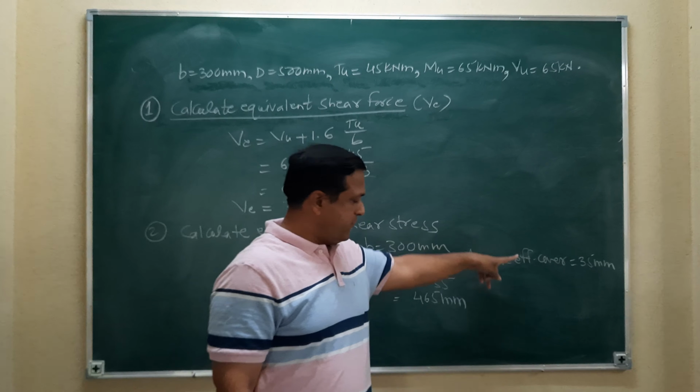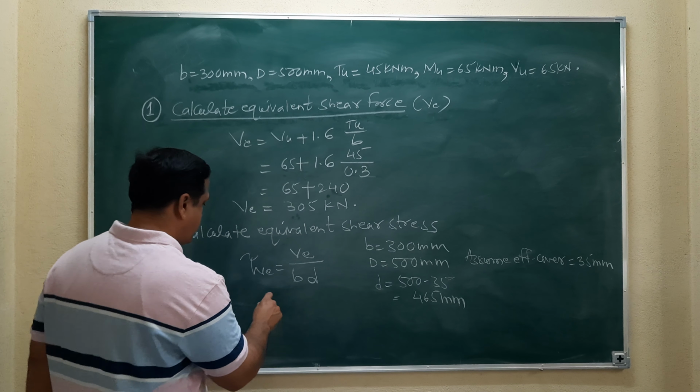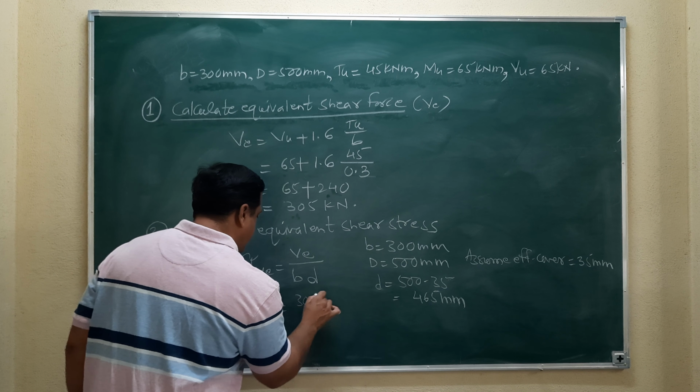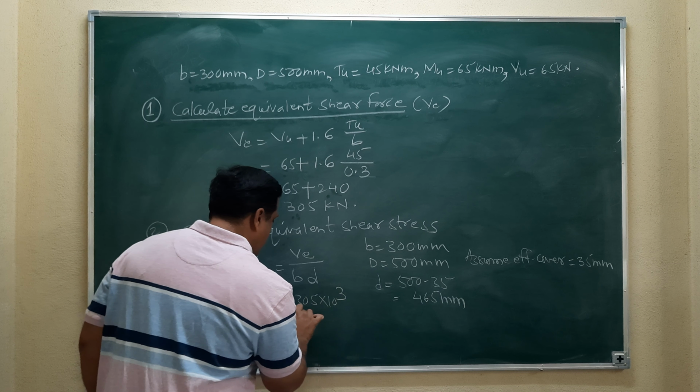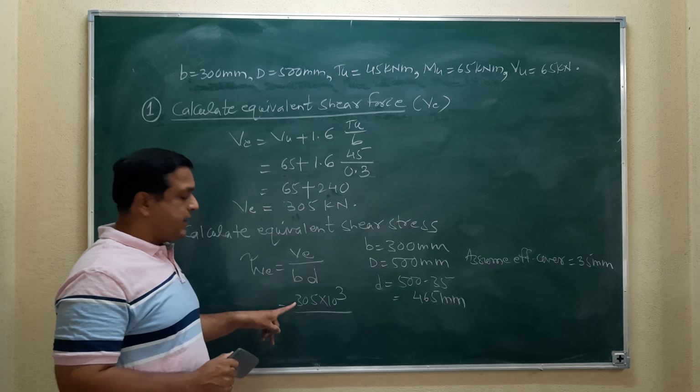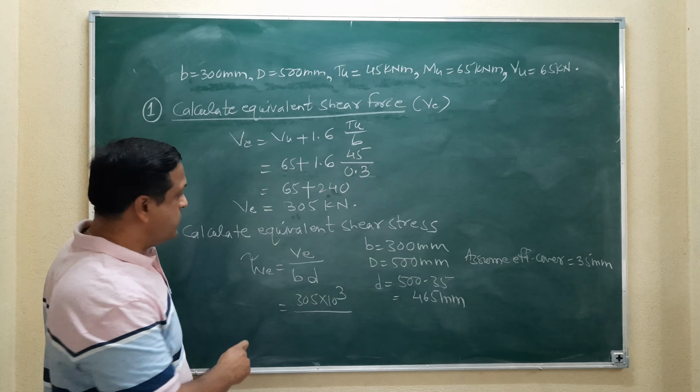You have to use this effective depth in the formula. V is 305 into 10 raised to 3, since you have to put this value in Newtons. The width of the section is 300 mm and the effective depth is 465 mm.